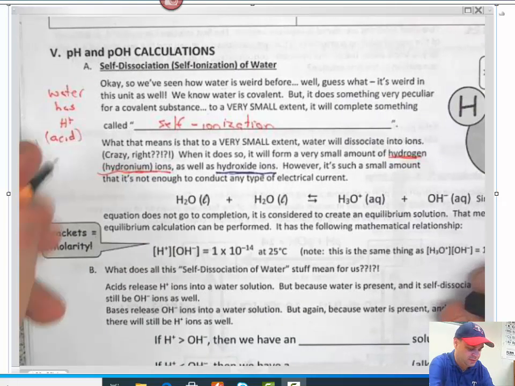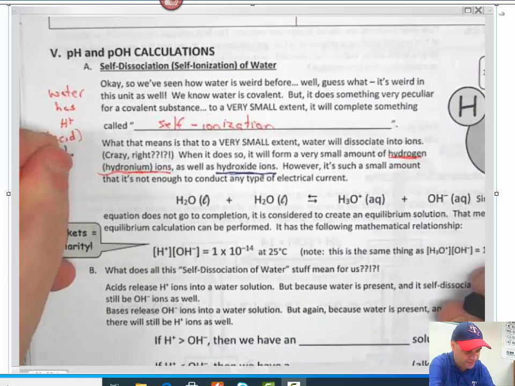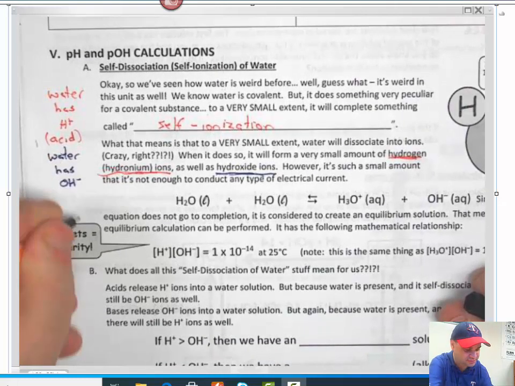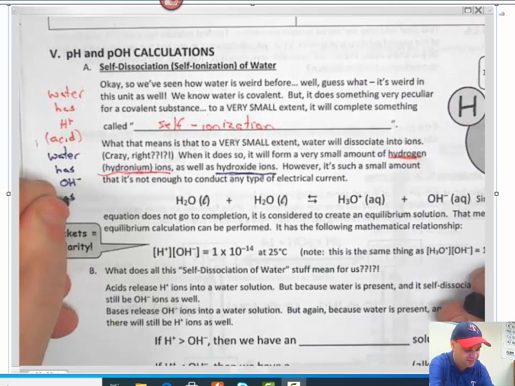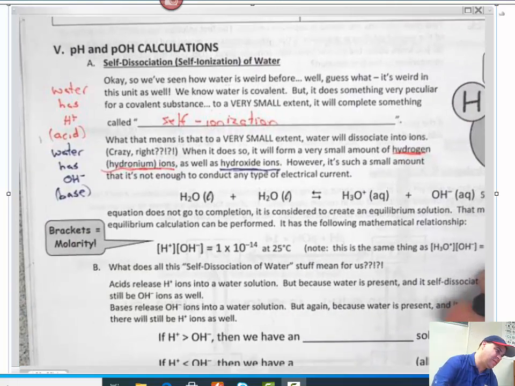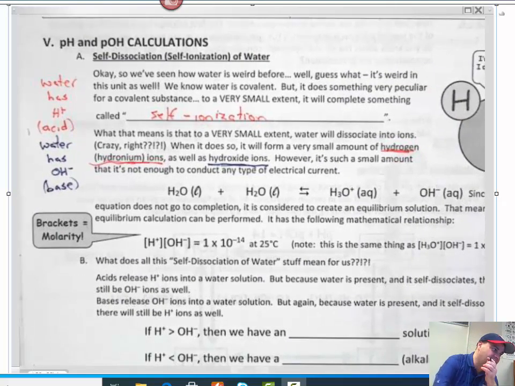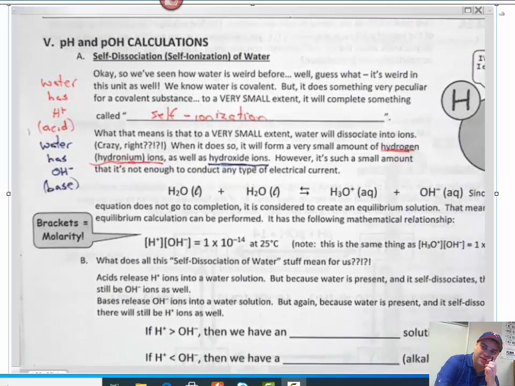And then water has hydroxide ions, which make it act like a base. So water has the ability to act like an acid or a base.